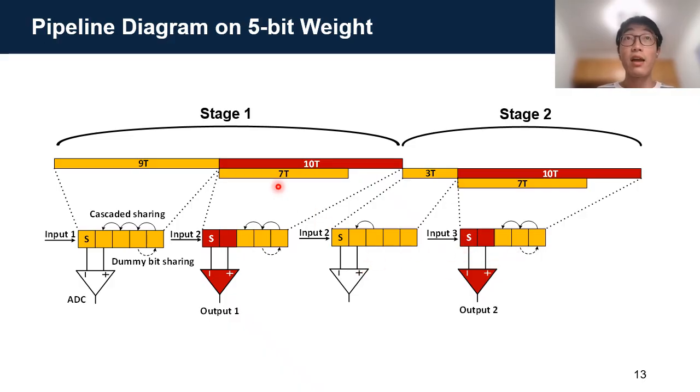So this is for the 5-bit weight. For the 8-bit weight, the gap here is exactly filled, so it can fully utilize the benefit of the pipeline. And this diagram is for strategy B, with the magnitude bit as the virtual dummy. Because the sign bit is not available while the ADC is running, strategy A cannot benefit from the pipeline.